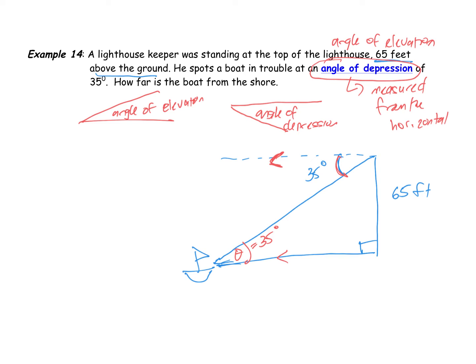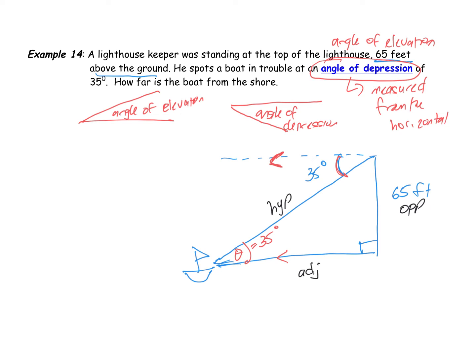We have it set up. I'm going to label the side lengths of my triangle relative to that 35 degree angle. The side opposite the right angle is the hypotenuse. The side opposite the 35 degree angle, which is the 65-foot side length, is labeled opposite, and the remaining side is adjacent.